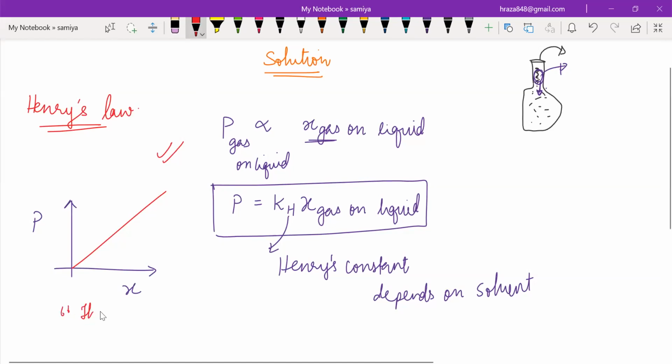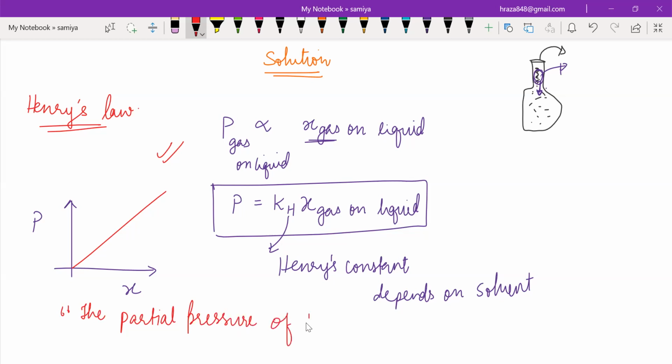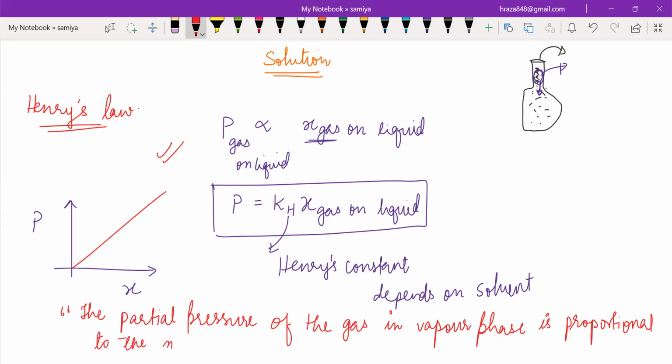According to this law, the partial pressure of the gas in vapor phase is proportional to the mole fraction of the gas.